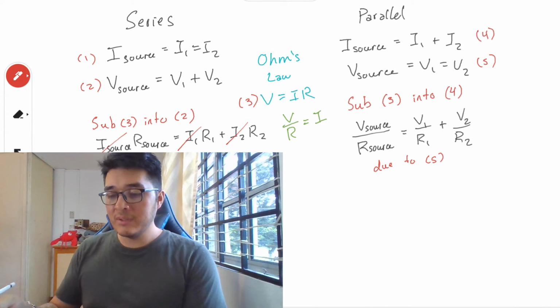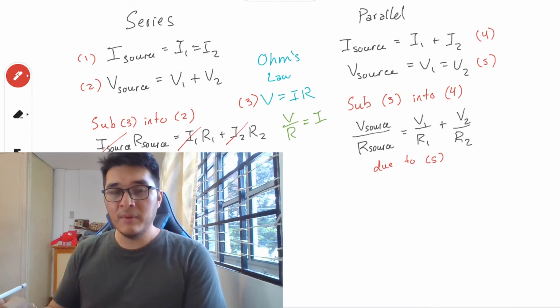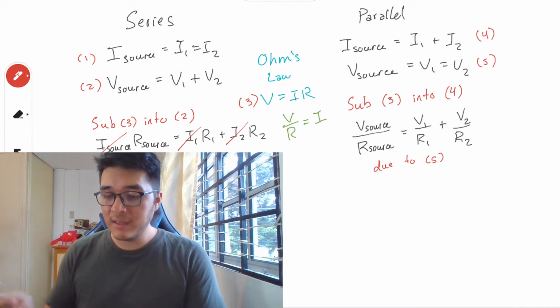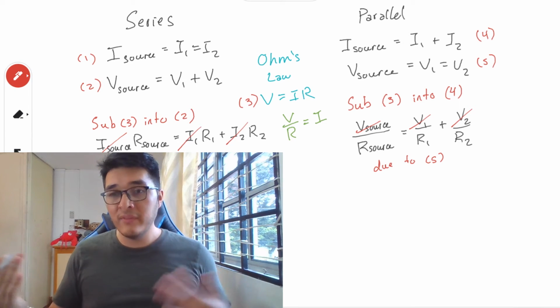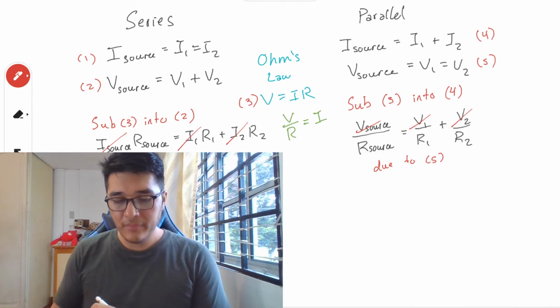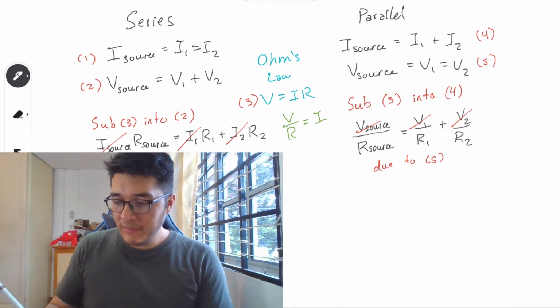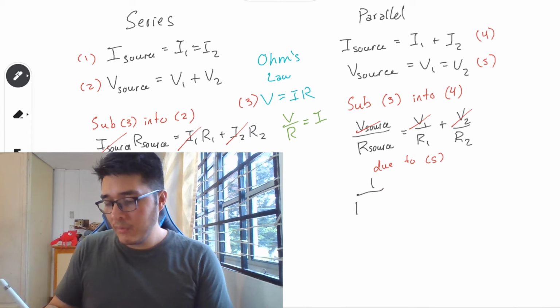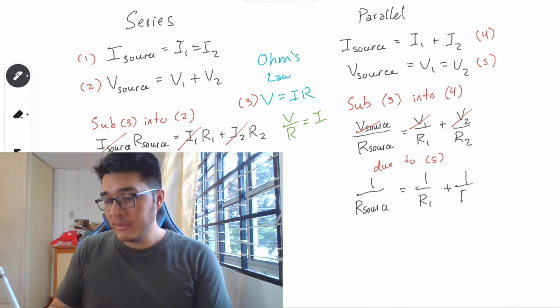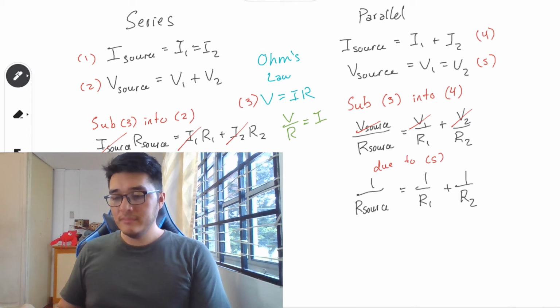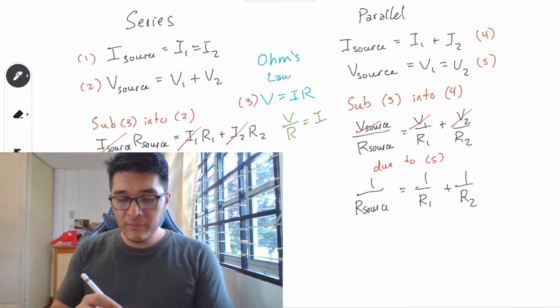All the voltage is the same when the circuit is connected in parallel. So we can cancel it out on both sides of the equation by dividing by the voltage. So the formula that we get is 1 over R source equals 1 over R1 plus 1 over R2. So this is the new formula we're going to use.